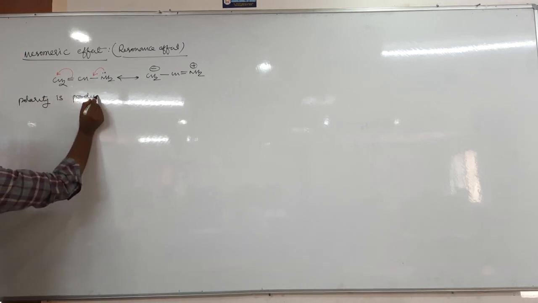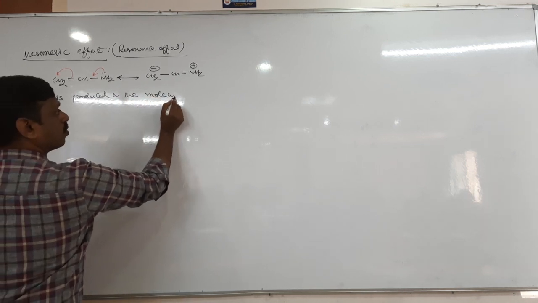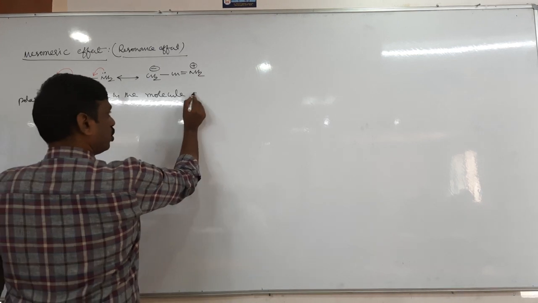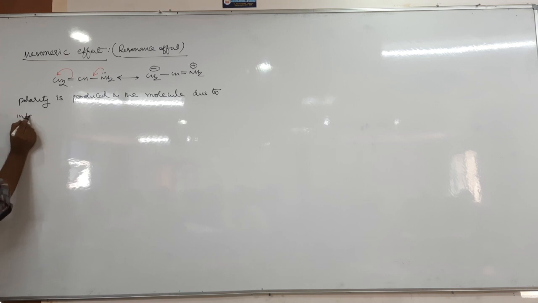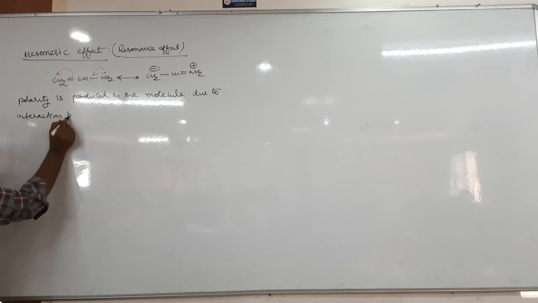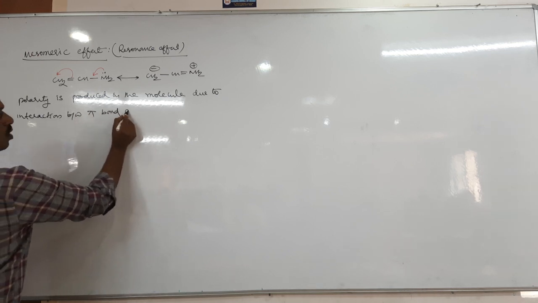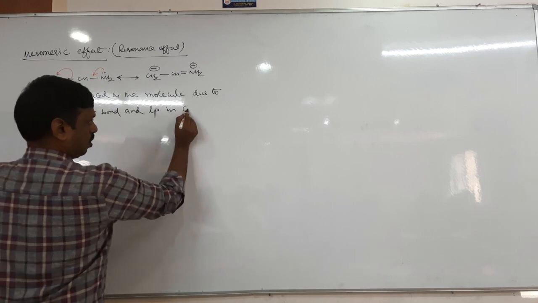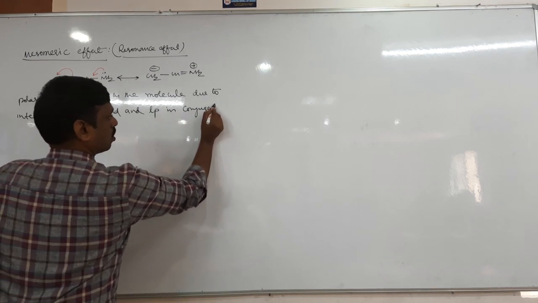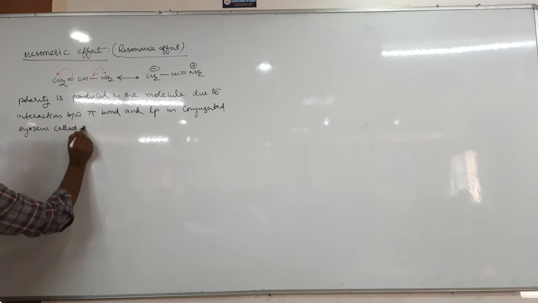Polarity produced in the molecule due to interaction between pi bond and lone pair in a conjugated system is called the mesomeric effect.